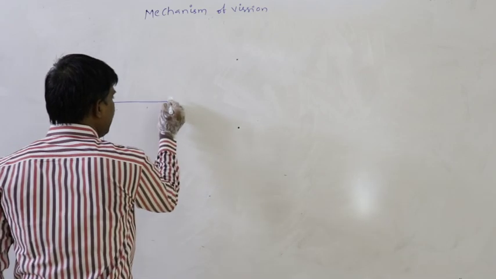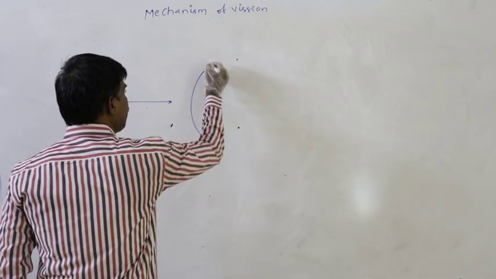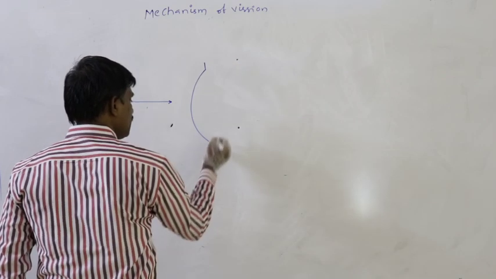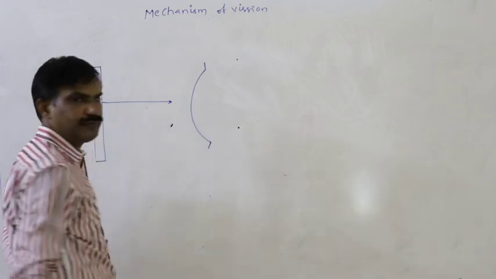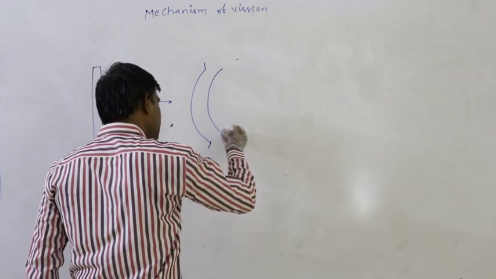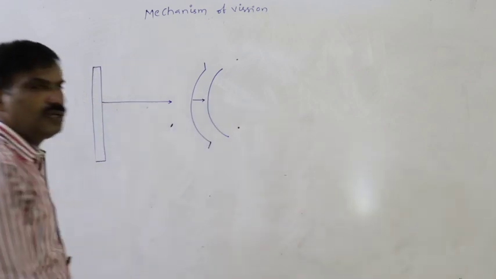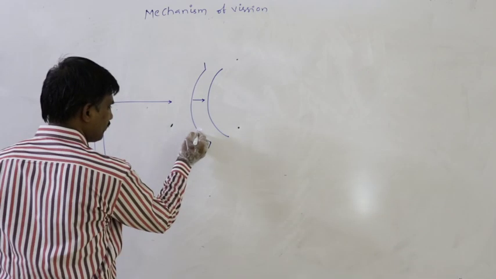At first light falls on the conjunctiva. This is said to be the conjunctiva. Later from the conjunctiva light is reflected onto the cornea.